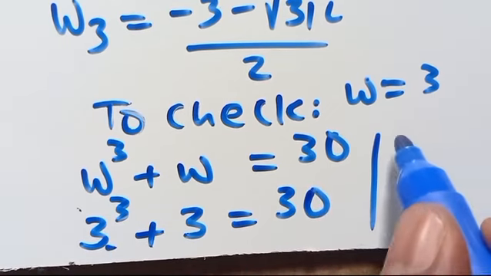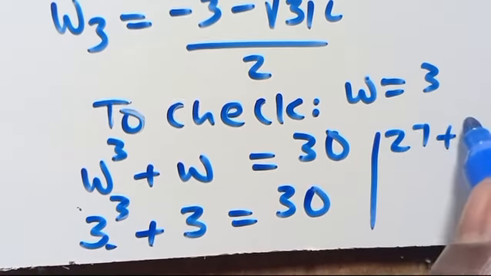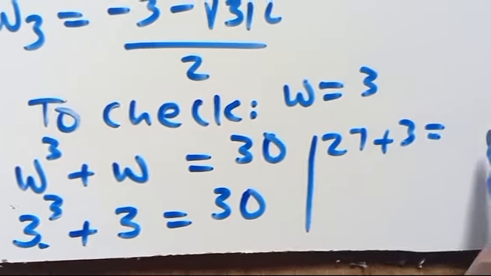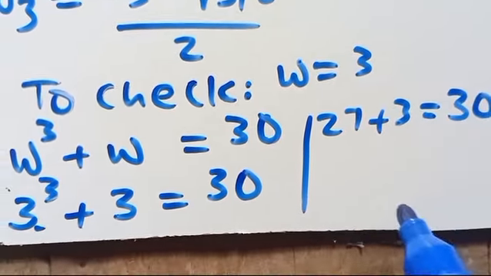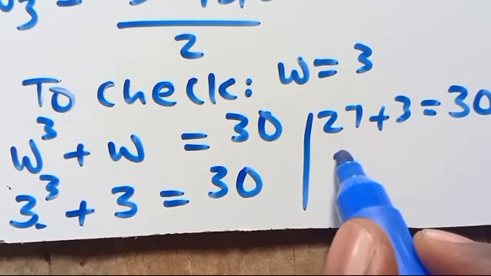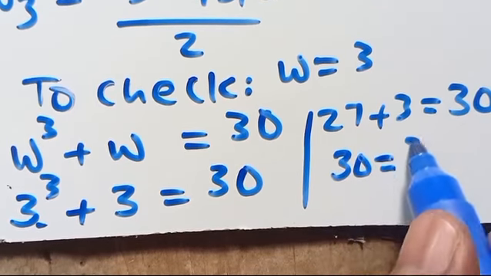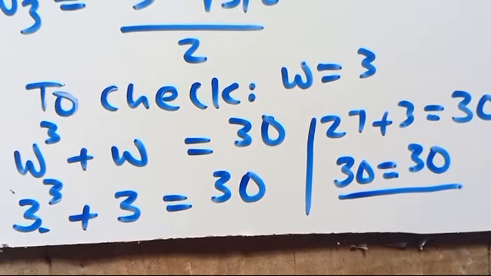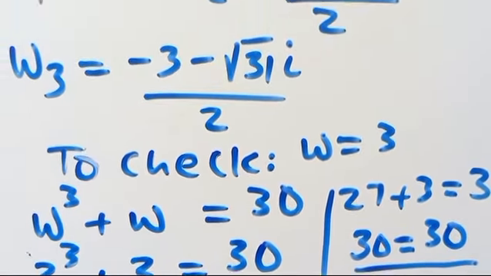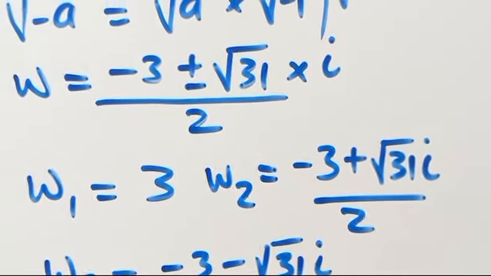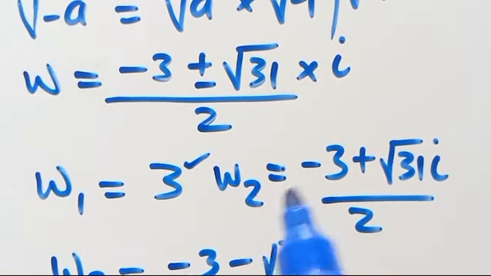From here we have 27 plus 3 equals 30. So the left hand side equals the right hand side, and this implies that this solution is satisfied.